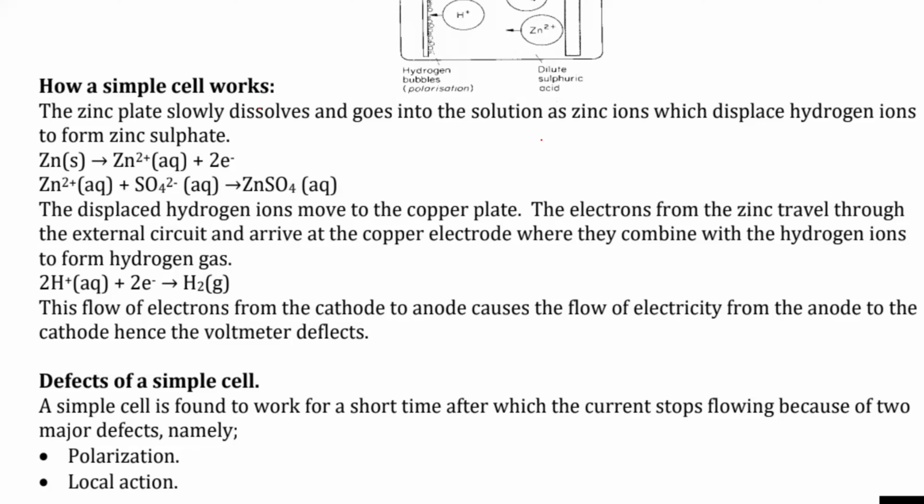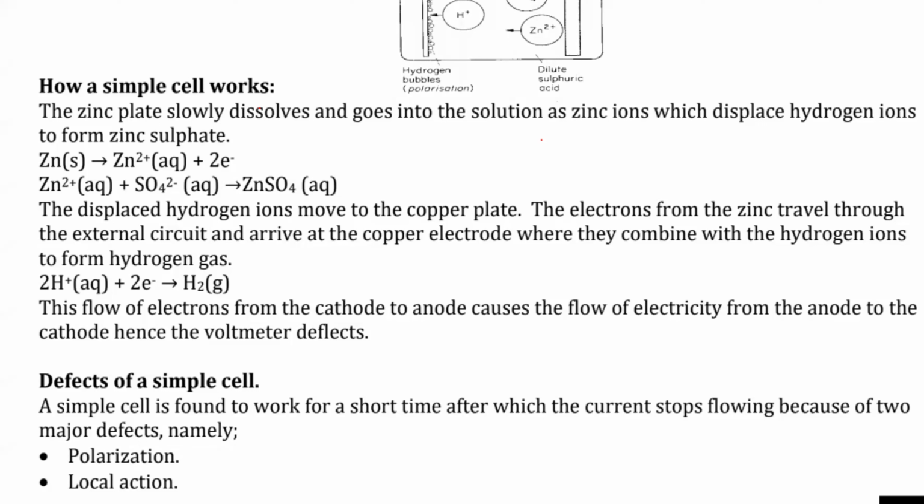Then the hydrogen ions that were displaced will move to the copper, and the electrons from the zinc will also move, through the external circuit, through the connecting wire, and they will meet there to form hydrogen gas at the anode. And the flow of electrons will be seen when the voltmeter deflects. And when the voltmeter deflects, we say that there has been flow of current.